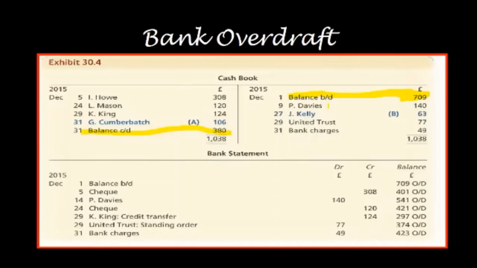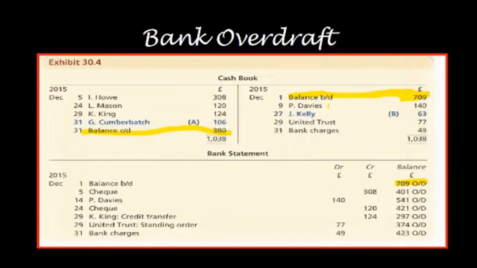Okay, so when that happens, your bank statement, which will give you balances like this here, you'll see OD after it. It means overdraft. Or in the case of the bank statement, it's in debit. You are owing them the money. They are not owing you, as is the usual case.